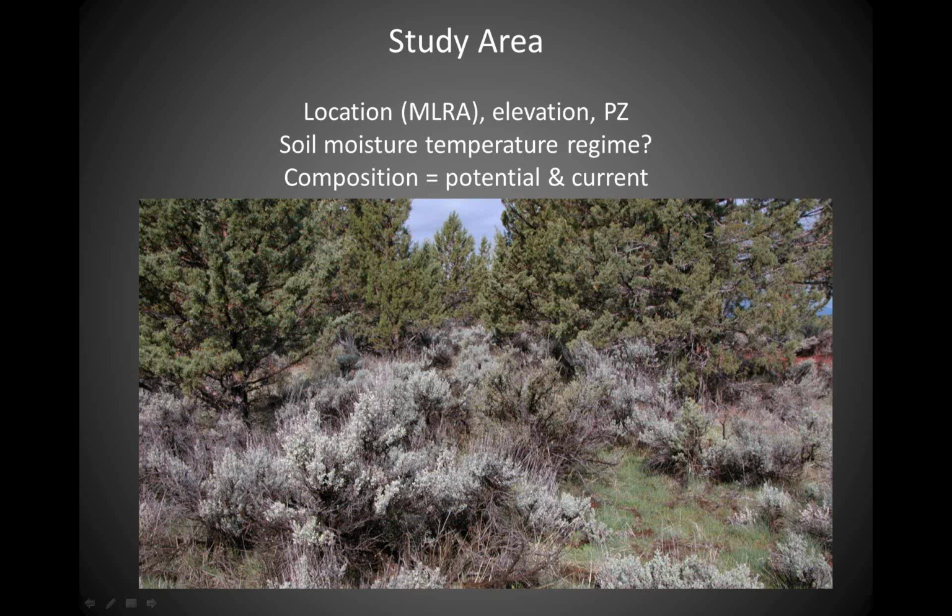And if I knew the elevation, the MLRA, and the precip, you can pretty much put it into a soil moisture temperature regime, in terms of whether this is a warm site, which would be mapped as mesic, or a frigid site, which we would call cool, or a cryic site, which would be cold.